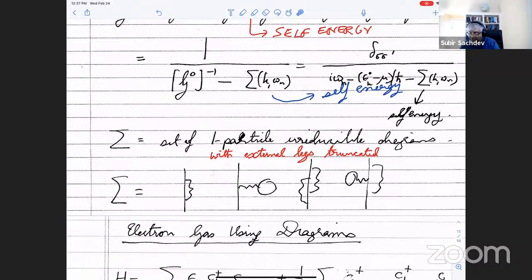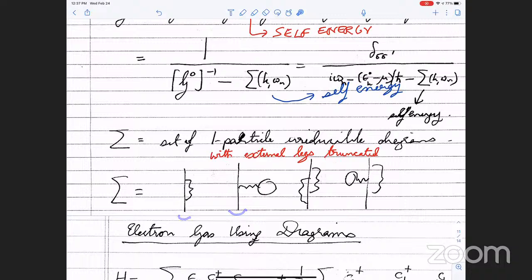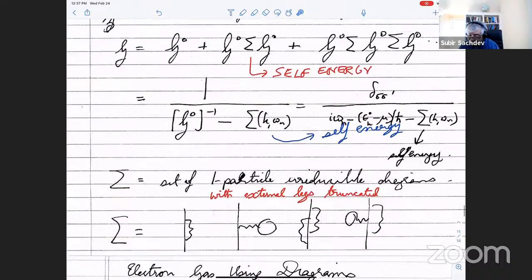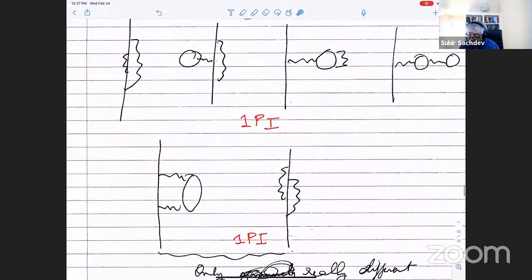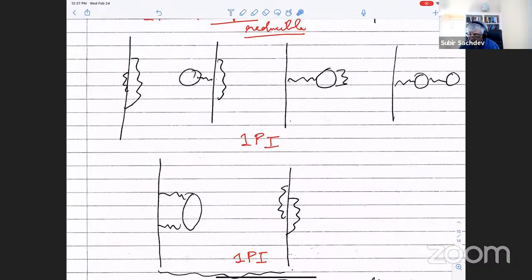So how many diagrams do I have left? Well, I had 2 diagrams at first order. And then how many diagrams at second order that are one particle irreducible? That's all of these and these, so that's 6. So I have 8 diagrams. So up to second order, Dyson's trick has reduced things down to 8 diagrams.